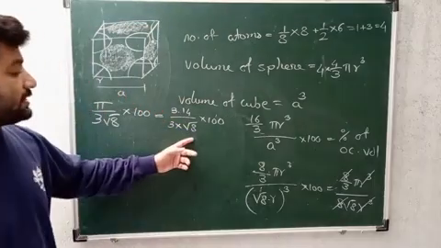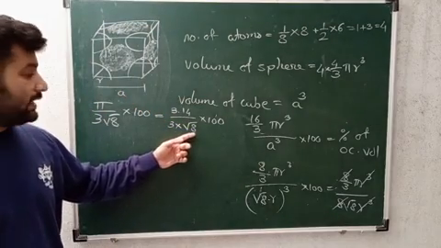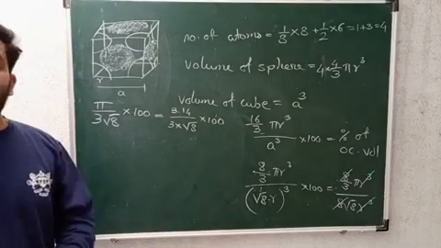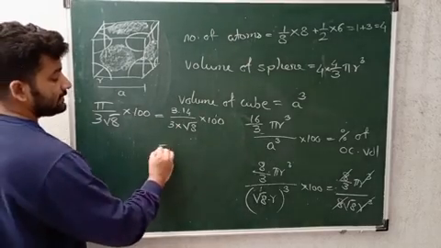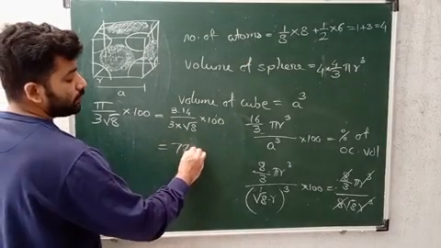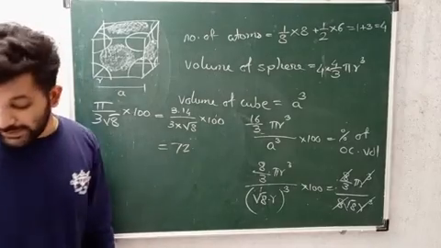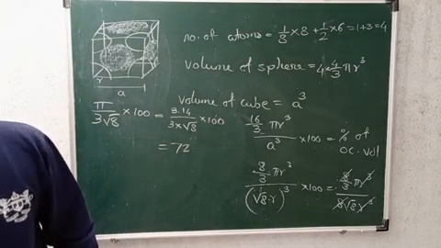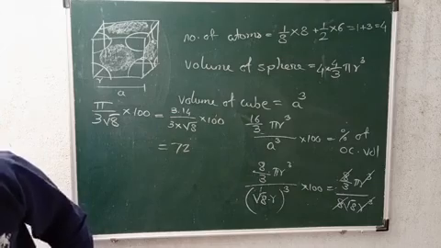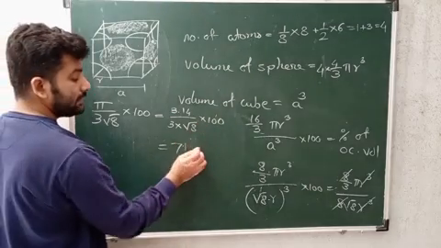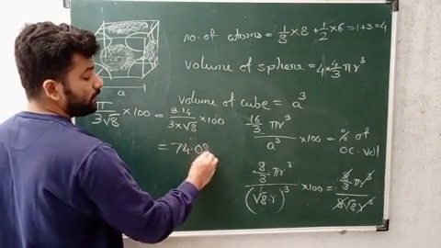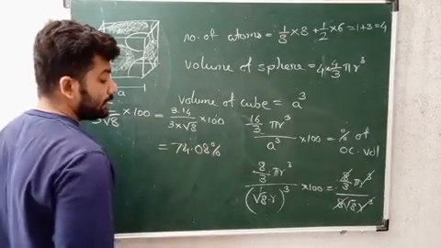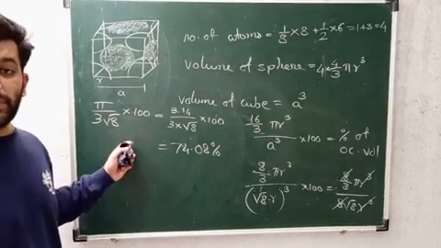So you will see the value of square root of 8, do the log calculations, and you will get the final answer, which is 74.08%. This is the occupied volume in the cube.